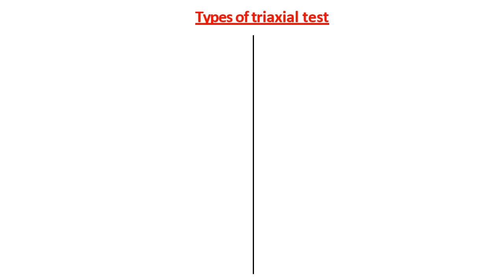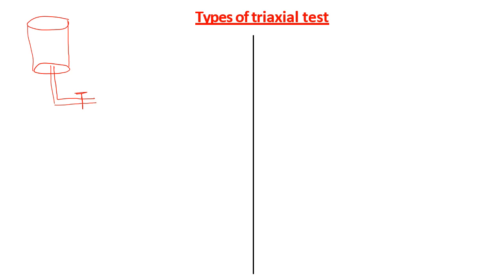So in the triaxial compression test you have three types. These types are based on a main fact. I will talk about this fact right now. The soil sample on which you apply the test, I have already mentioned, is connected to a tube where you can control the drainage of water outside of the sample through a valve.